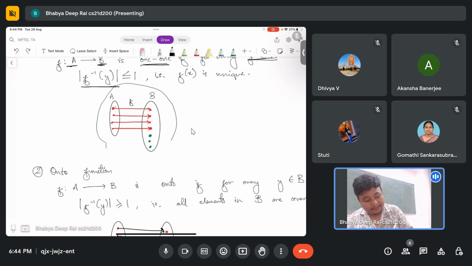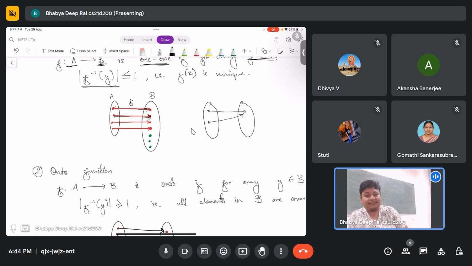Or in other words, diagrammatically, this is what a 1-to-1 function looks like. 1 maps to just 1. A non-example would be this way: 2 inputs mapping to the same output. This is a non-example of a 1-1 function.